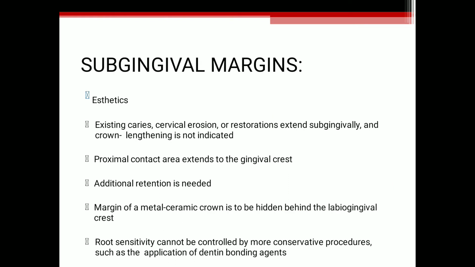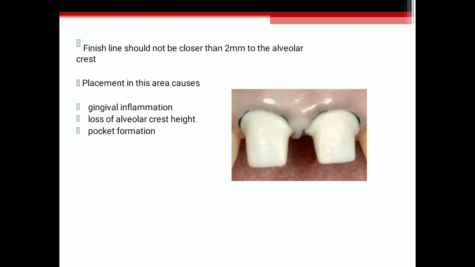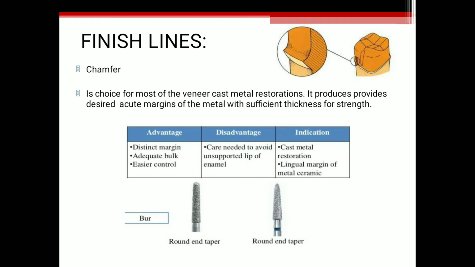Whereas subgingival margins are given when esthetics is important, particularly in the anterior region, and for existing caries, cervical erosion, or restorations extended subgingivally where crown lengthening is not indicated, or when additional retention is required. The margin of a metal ceramic crown is to be hidden behind the labiogingival crest, and like this, subgingival margins are given, right?